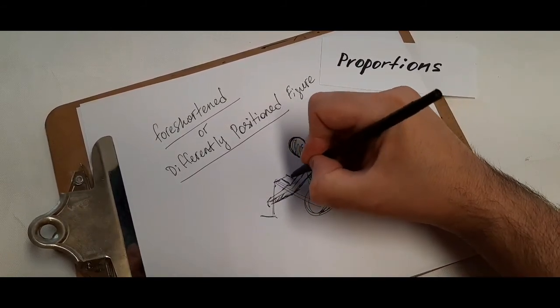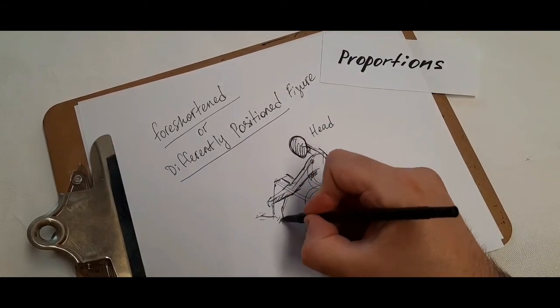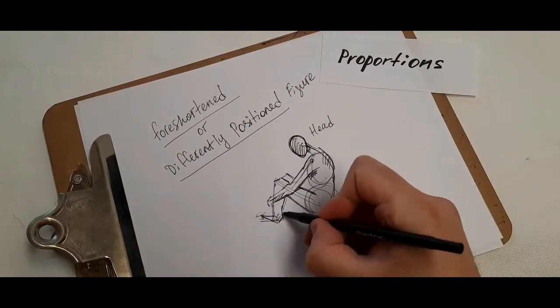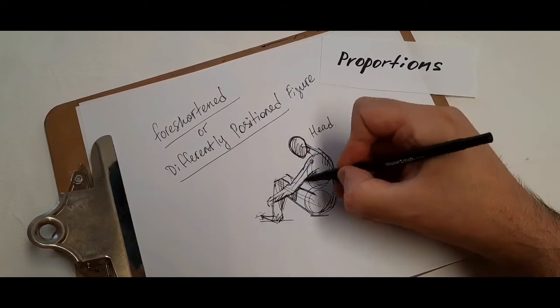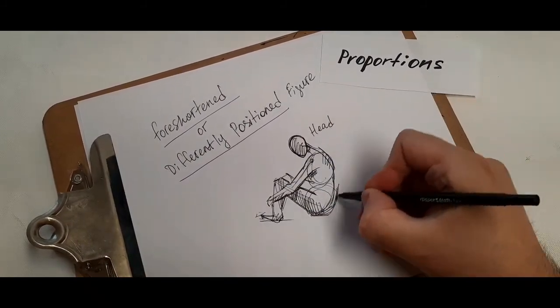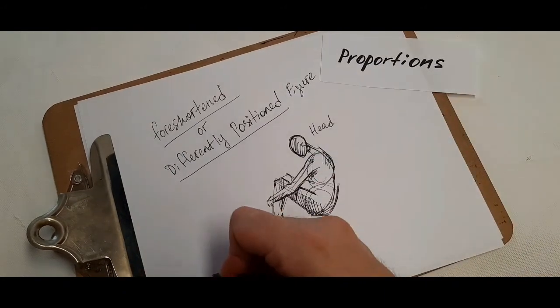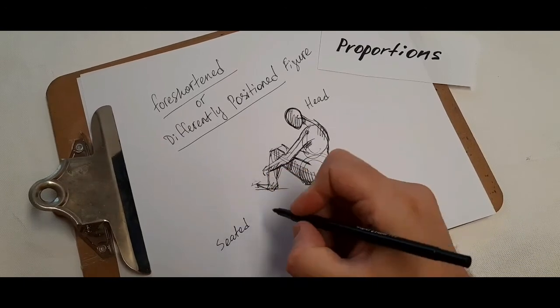What if the figure is seated or reclining? What if we cannot see the arm sideways and it's foreshortened? Maybe the arm is extending towards me, towards the artist. How do I measure that?